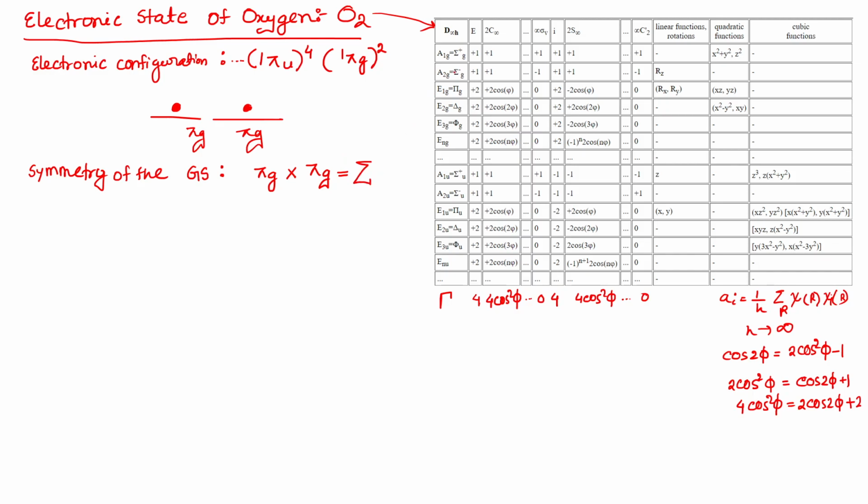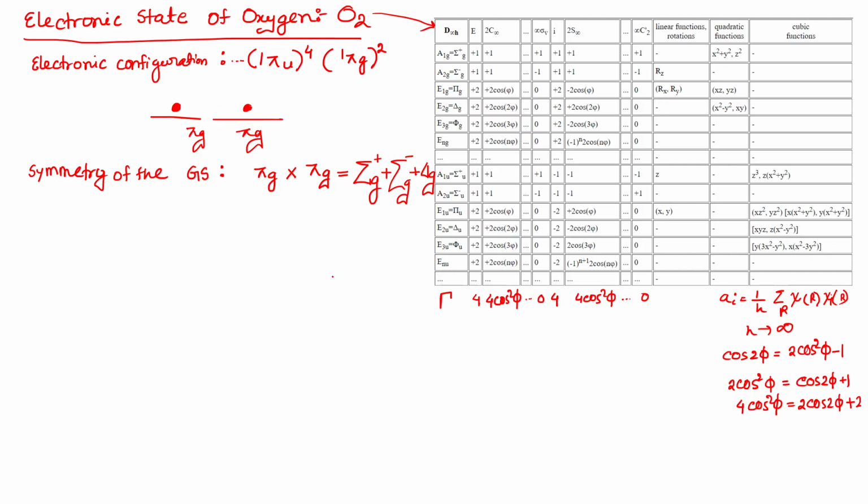So actually you will see that this reducible representation, in terms of states, you need to write as sigma plus g, then sigma minus g, and delta g. So this is actually your ground state of oxygen. But these are unpaired, in two different orbitals.